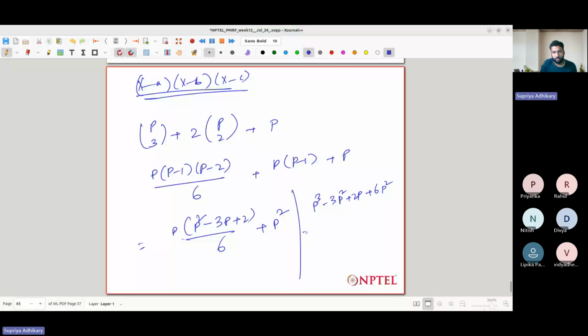So this is P cube plus 3P square plus 2P over 6. Okay, so this is the number of reducible polynomials of this form.